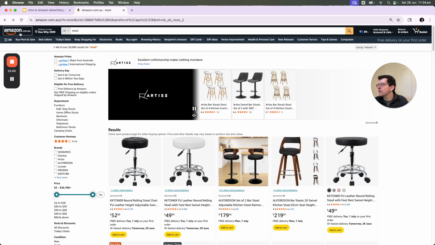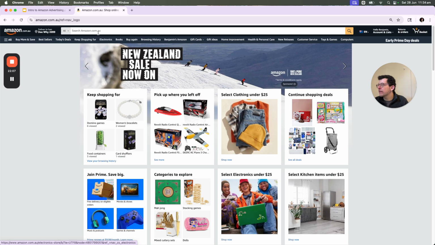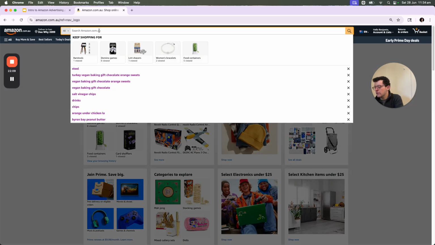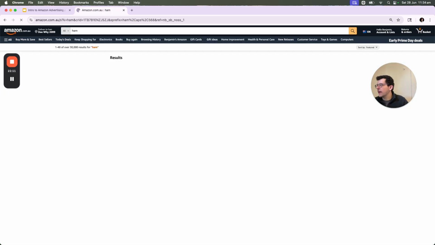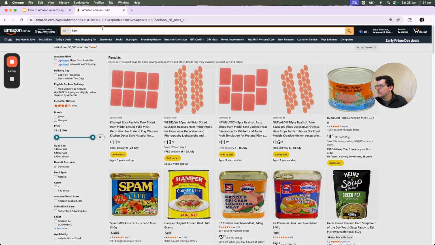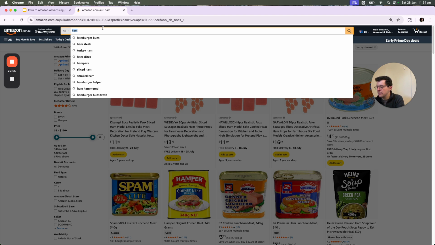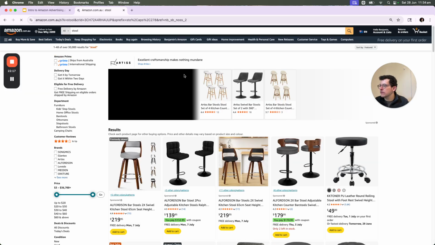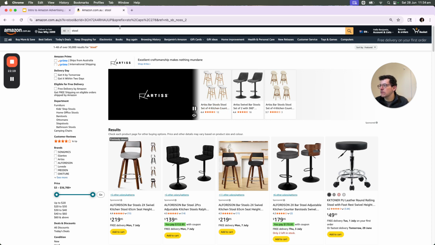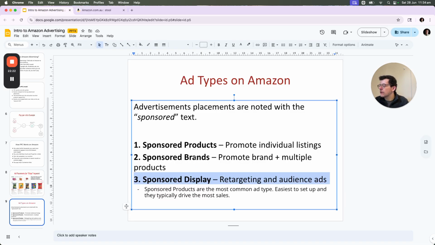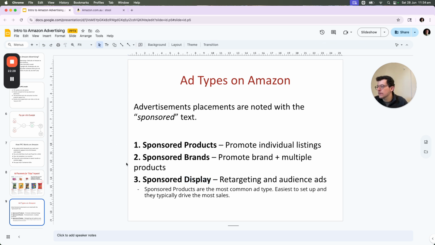But yeah, the main sponsored brand ad occurs on a home page. So there's none here. It's this banner ad at the top. That's the main sponsored brand. The sponsored displays are usually on the product pages themselves. So those are the 3 different placements.